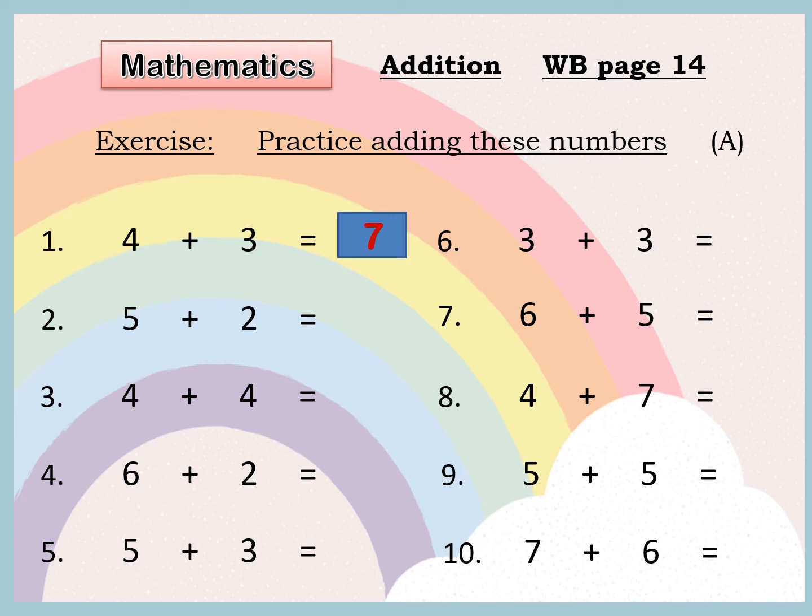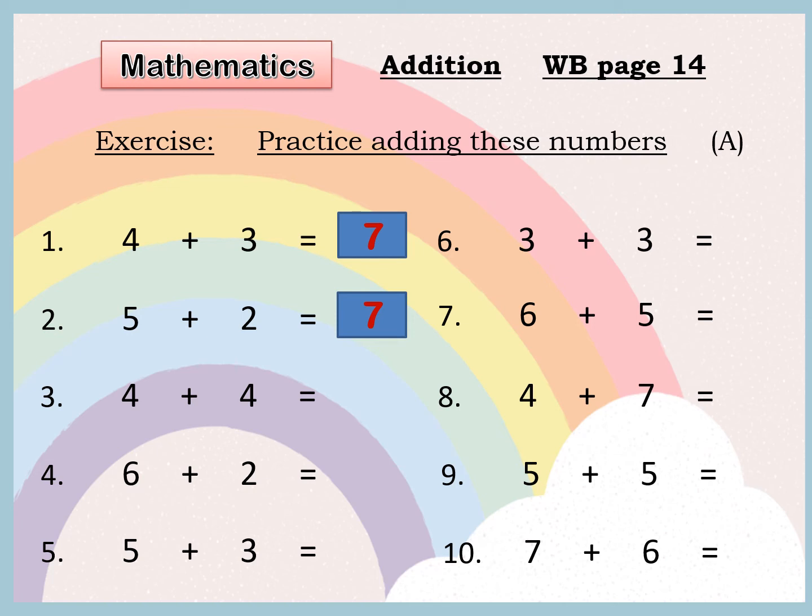So you've got 5 and 2 in front of you. Now we are going to count or add the numbers together. 1, 2, 3, 4, 5, 6, 7. So 5 plus 2 is equals 7. Very good. Great job.